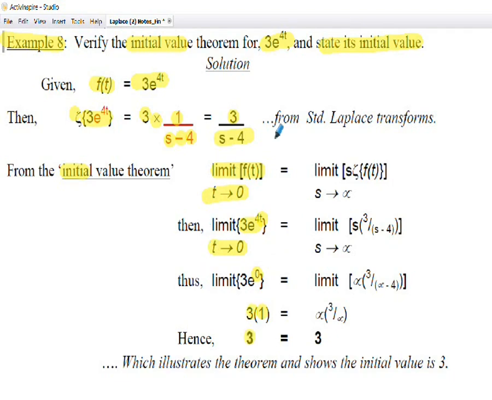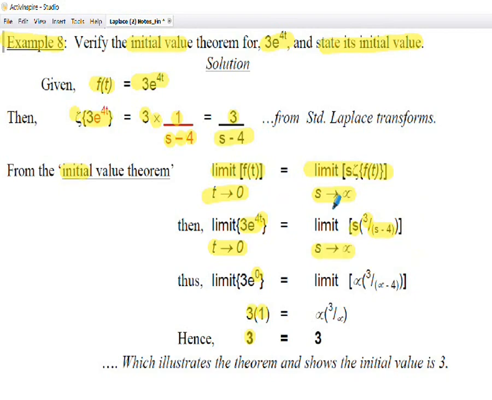On the right hand side, which is in the Laplace domain, we've got an equation to deal with here. It's s times the Laplace transform of the function of t, and s tends to infinity. So just a bit of expansion here of the brackets. I'm going to multiply the s by the 3 upon s minus 4 that we have above in the Laplace transform. And then we're going to make the s tend towards infinity.